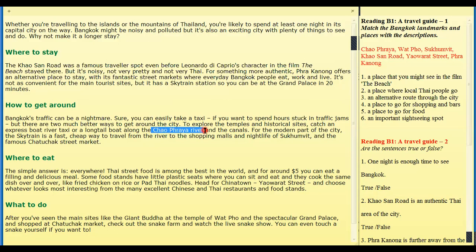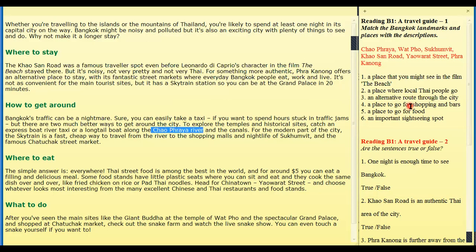But you could go in other way by boat, which is at Chao Phraya River. So the alternative way is to go by boat at Chao Phraya River. You don't go to Chao Phraya River. That's why Chao Phraya River is the answer for question 3.